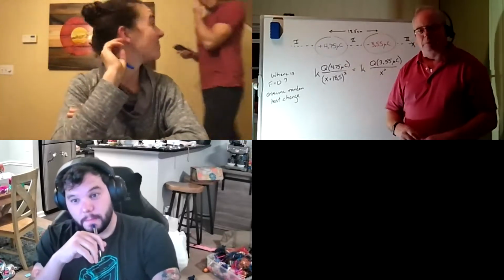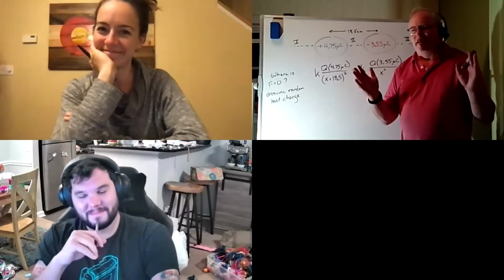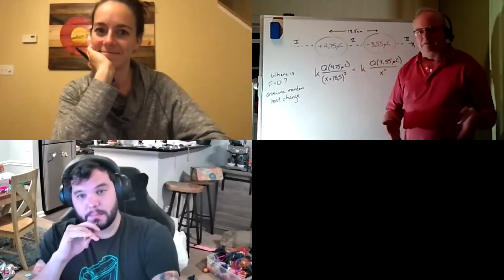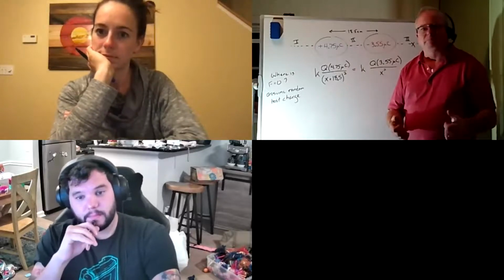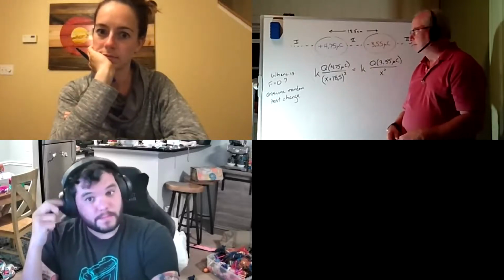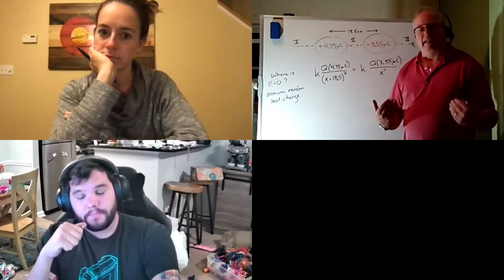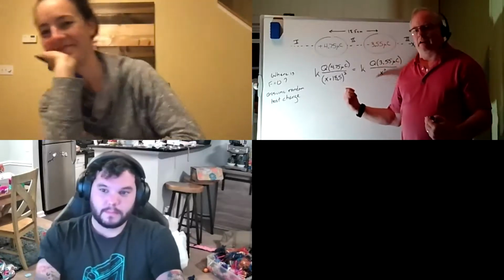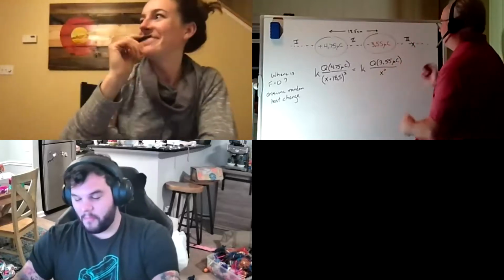So when we see an algebra problem where a bunch of stuff is going to start to cancel, I love that. I call it a cancellation fiesta. We're going to have a cancellation fiesta right now. How exciting.